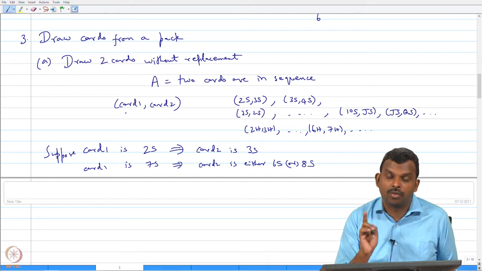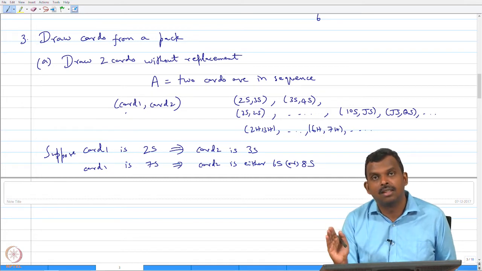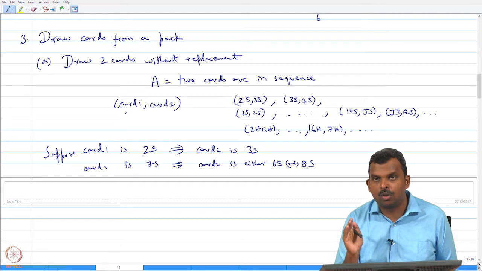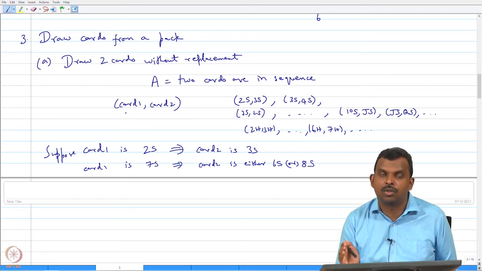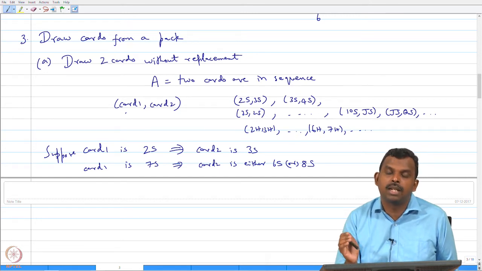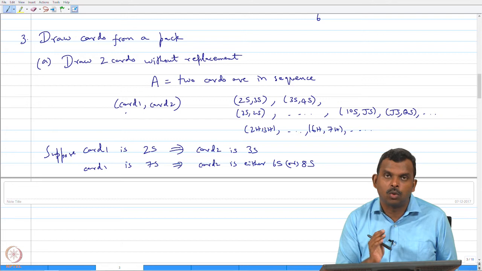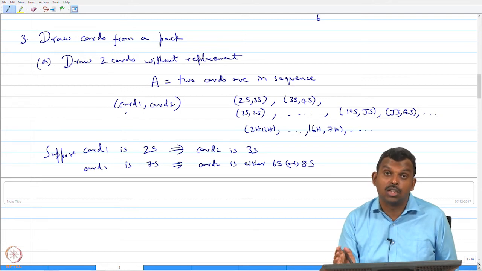If the first card is 2 of any suit, it is 2 spades or 2 hearts or 2 clubs or 2 diamonds, the next card has to be 3 of the same suit, there is only one possibility. Same way with ace, if the first card was ace of spades or ace of diamonds or ace of clubs or ace of hearts, the next card has only one possibility for it to be a sequence, it should be the king of the same suit. If it is ace of spades, you should also have king of spades. No other possibility exists for the 2 cards to be in a sequence.